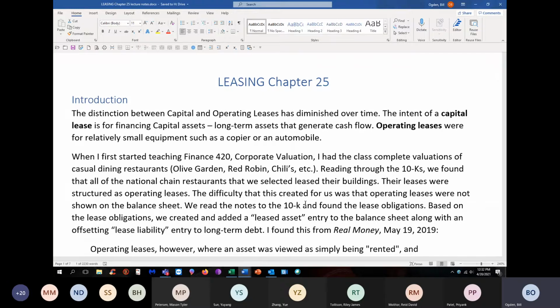When I first started teaching Finance 420, that's corporate valuation, I had the class complete valuations of casual dining restaurants. The intent was to have them value companies in which they had actually participated, they've made purchases there.